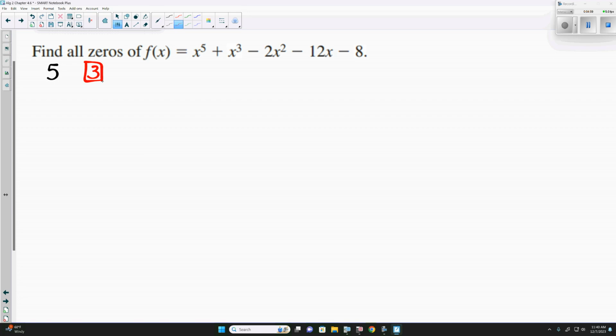So the first thing we want to do is graph this function here and see what zeros we can find. We could also use the rational root theorem, or plus or minus p over q, but either one of these will work.